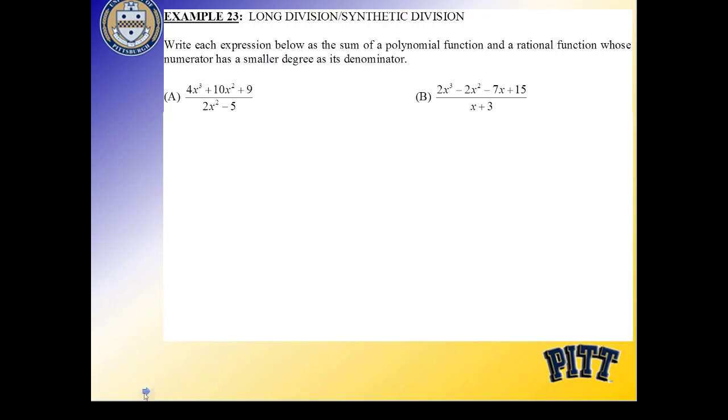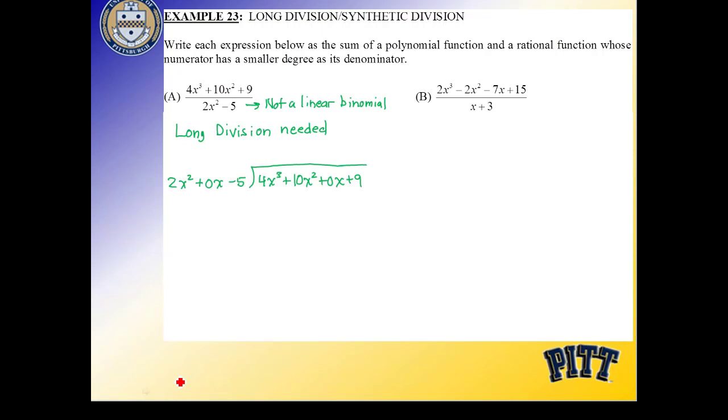And here's the procedure. Long division is needed because that's not a linear binomial. What you're noticing here is I'm putting what was on the bottom to the left of my normal long division symbol. Notice I did not have an x term originally, so I am replacing it with a 0x.